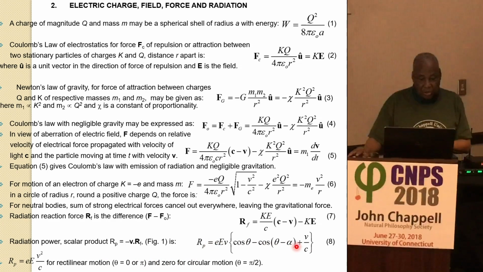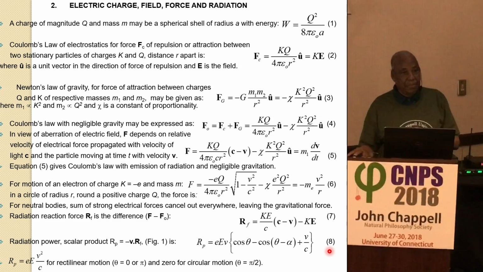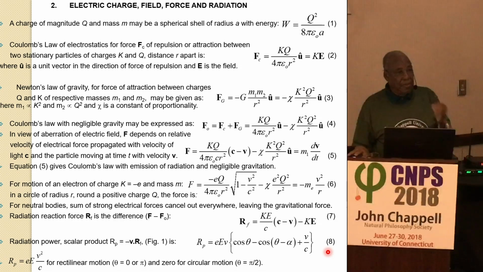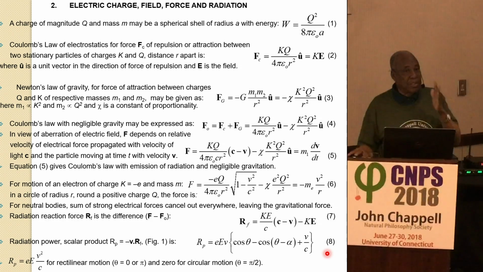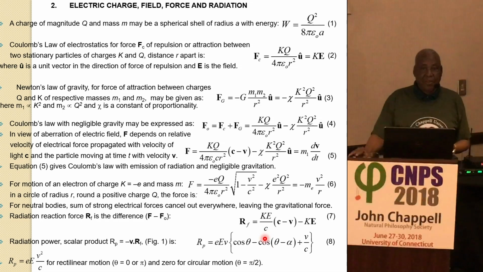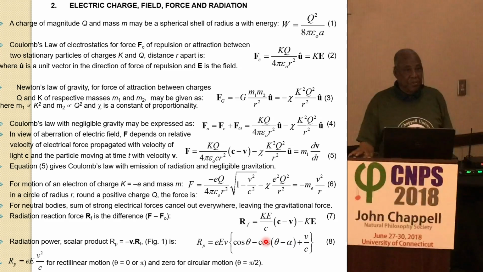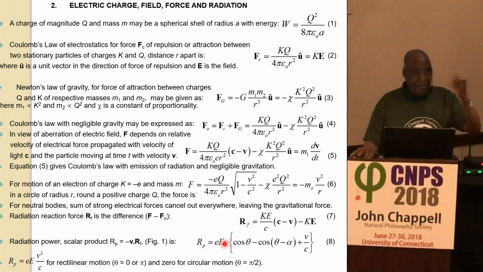If you put theta equal to pi/2 in equation 8, you get the radiation power as 0. So if a charged particle moves perpendicular to an electric field, there's no radiation, like motion around the nucleus, as in Rutherford's model of the hydrogen atom. Bruce will remember that we went through this last time.